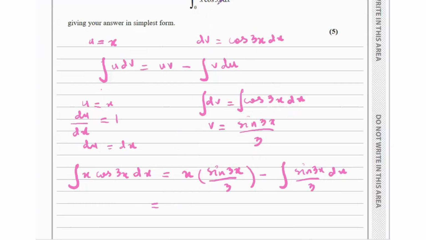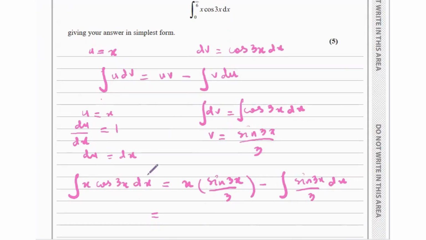And this is from 0 to pi by 6, so let's add the limits as well. Now we integrate sine 3x over 3, which is going to be negative cos 3x over 3, and again times 1 over 3 from the previous 3.